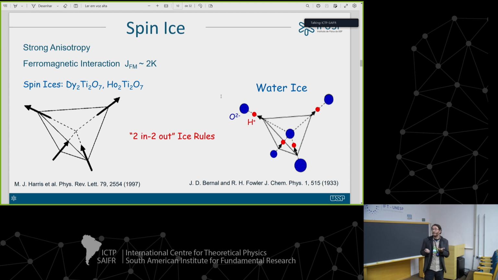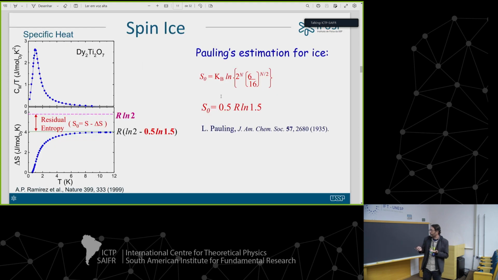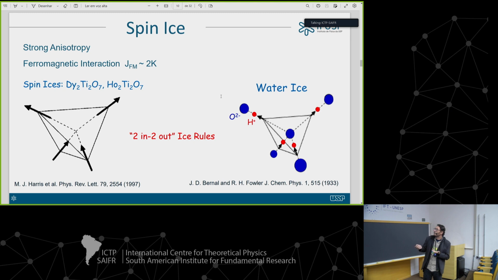The best thing you can end up with is two pointing in and two pointing out, which is known as the 2-in, 2-out ice rules. That's because there is an equivalence here with water ice.